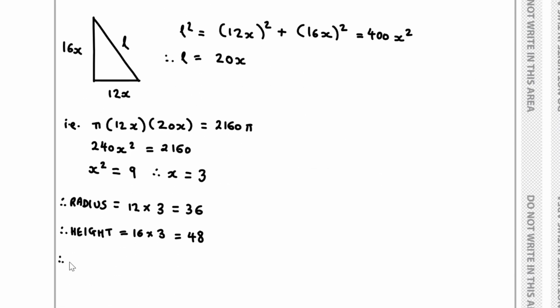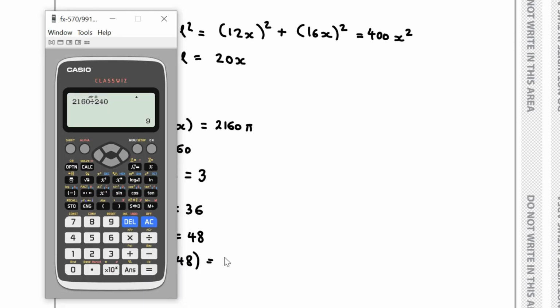So therefore, the volume is equal to 1/3 pi r squared. So here we have 36 squared multiplied by h, which is 48. So if I work out the volume, it is equal to 36 squared times by 48, and then divide this by 3.